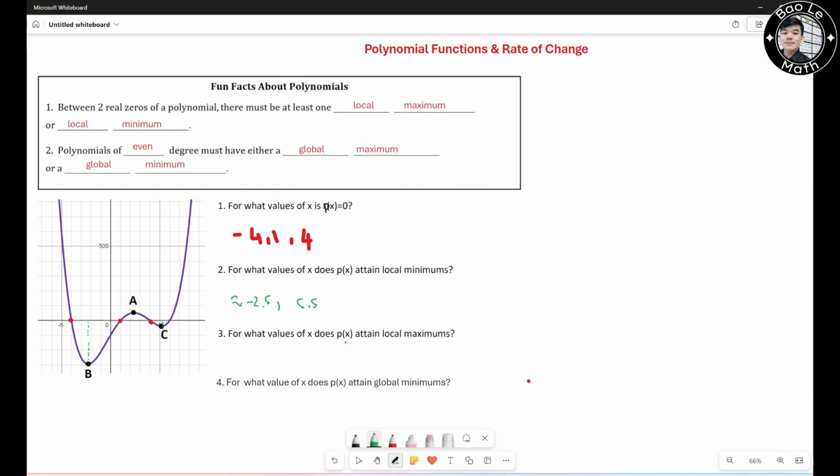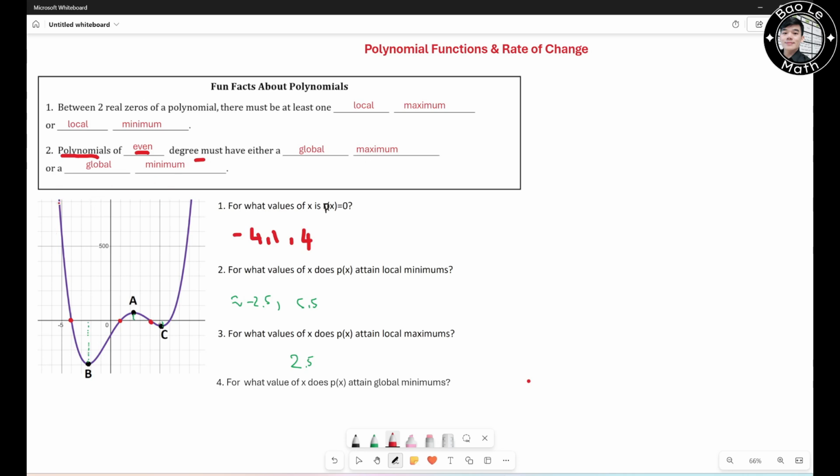For what values of x does p of x attain local maximum? So local maximum is going to be right here. So it's going to be about 2.5. Now for what values of x does p of x attain global minimum? So we look at this one right here. Polynomials of even degree must have either a global maximum or a global minimum.